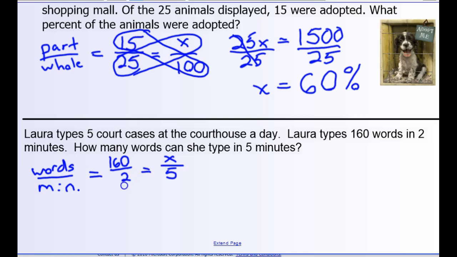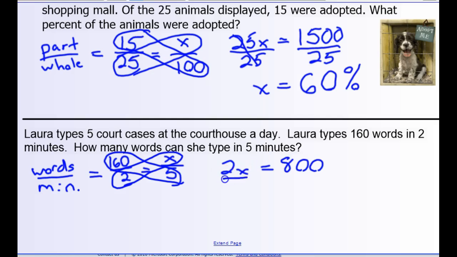So again, we're going to cross multiply. So 2 times x, 2x. 5 times 160 is 800.